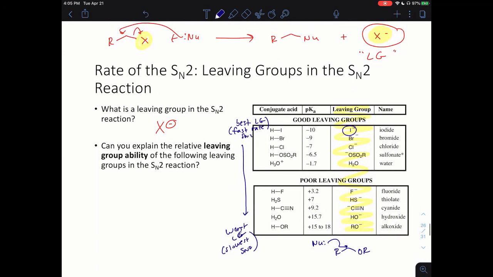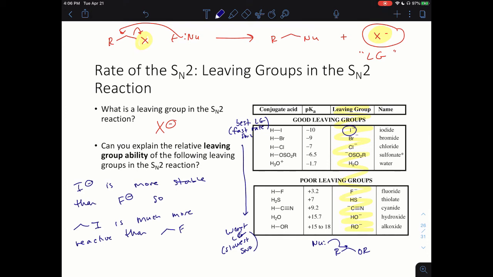Yeah, you definitely can. And this one is the easiest one to explain. The way we can explain this is because I minus, for example, is more stable. It's a more stable conjugate base than fluoride. So the alkyl iodide is much more reactive than the alkyl fluoride, for example.